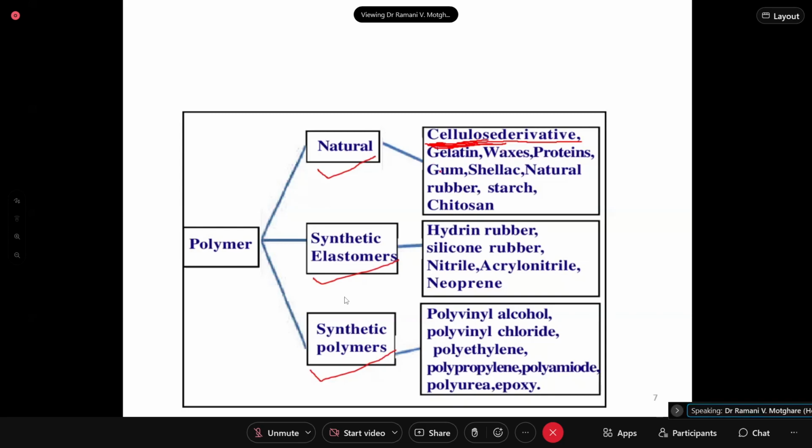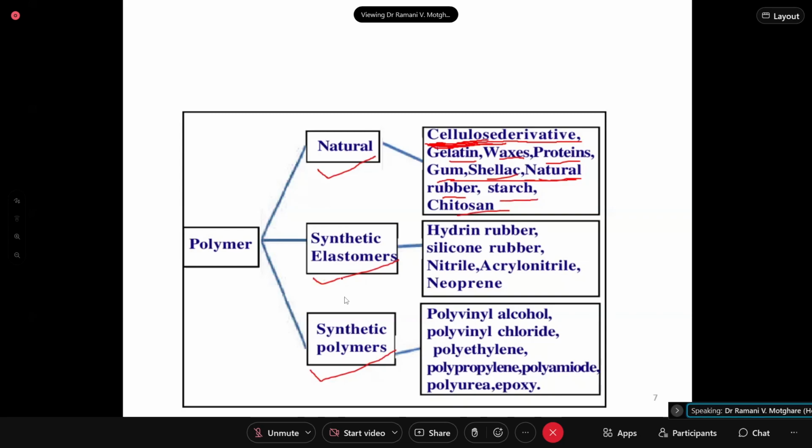Then you have gelatin, waxes, proteins, different types of gum, shellac, and natural rubber, which is obtained from the trunk of the rubber tree. White latex, sticky white milk, is obtained, and when you treat that with acid, it forms a white coagulated solid that is used as rubber. Starch and chitosan are also natural polymers.